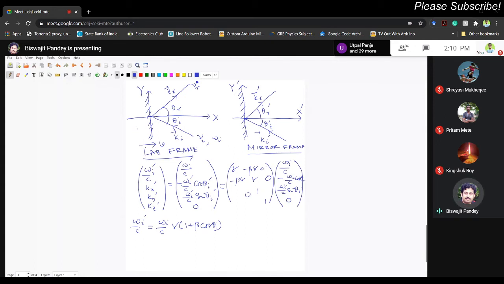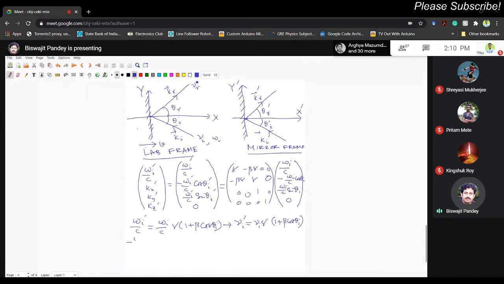Okay, maybe if I write 0 0 0 0 0 1, that will be easier, right? So this is the first equation, from which if you like you can write it in terms of nu also. C can be dropped from both sides, writing nu I prime equal to nu I times gamma into 1 plus beta cos theta I. This is nu I prime.